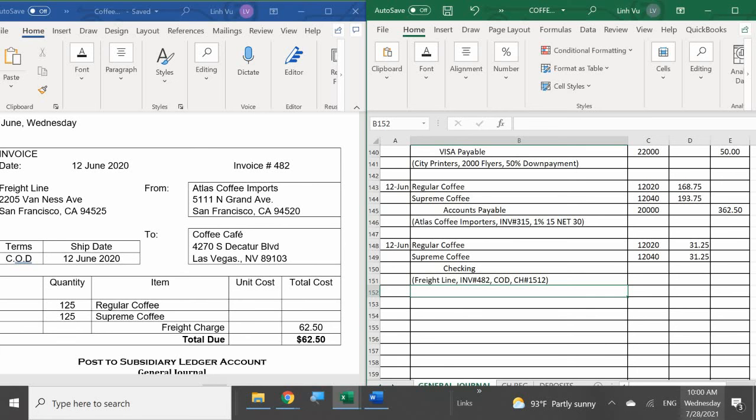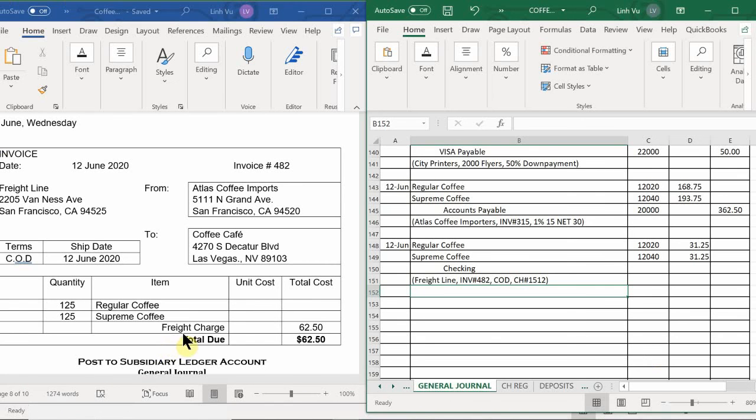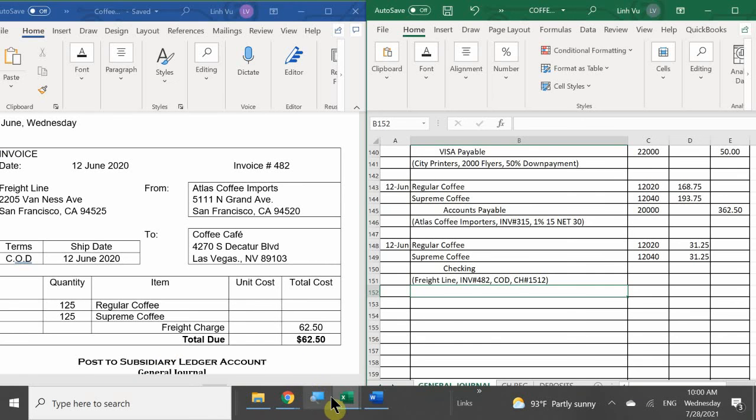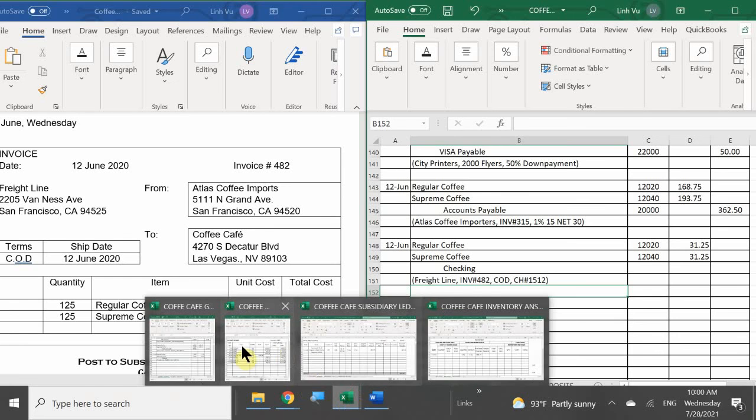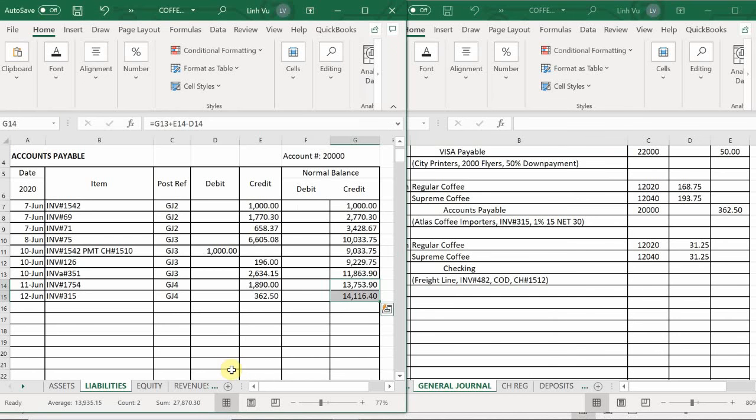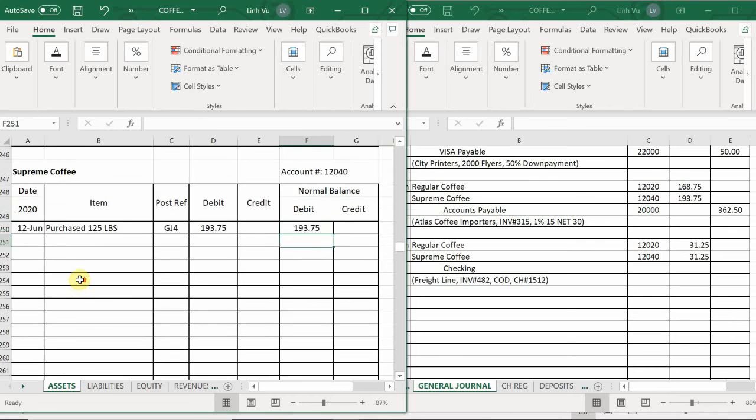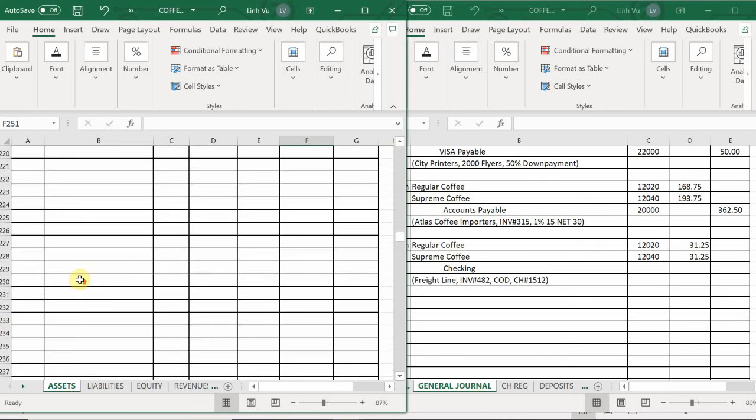So now that we've completed my journal, I need to go to my subsidiary ledger, my general ledger, to update my accounts. First thing that we have on the list here is my assets. I'm going to go in exact order.